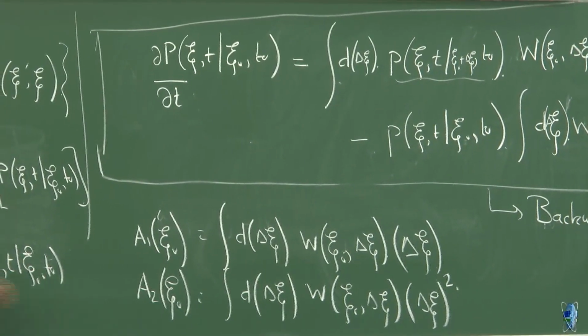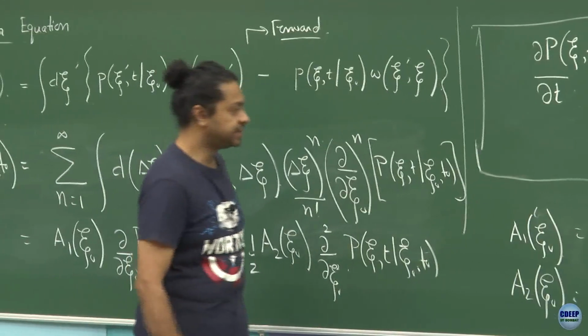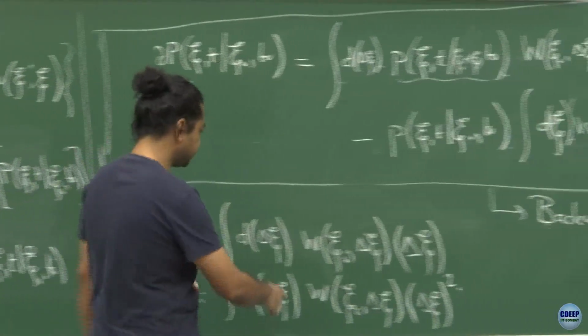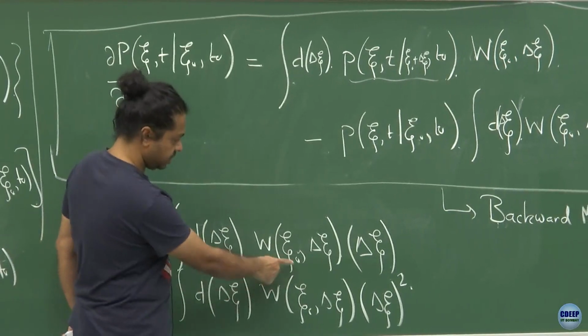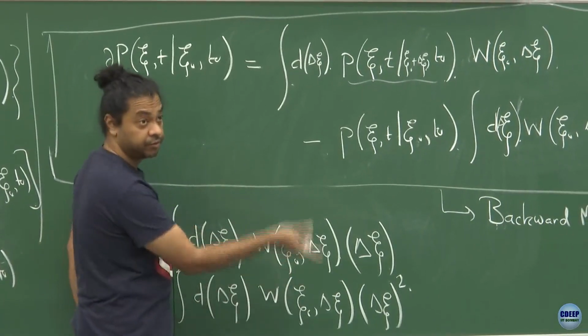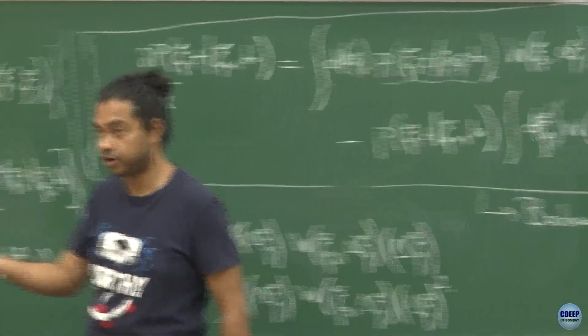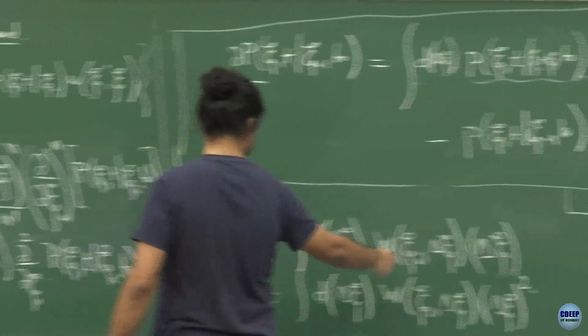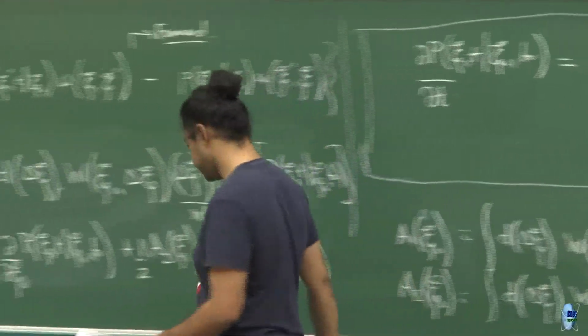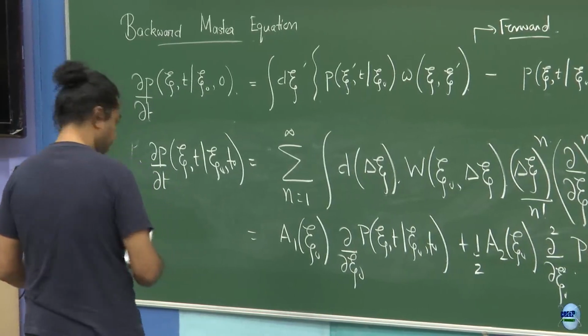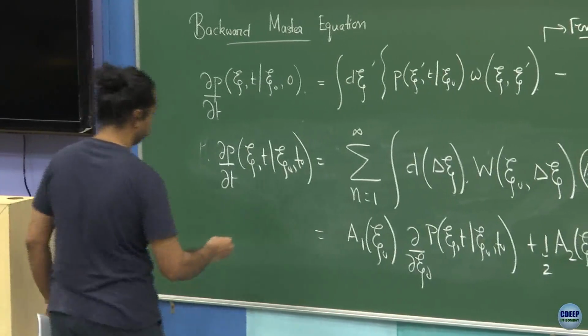So again, these are the moments of the jump distribution, except these are now calculated using the transition rates from the initial state, which is ξ₀. When we were calculating the moments of the jump distribution in the forward equation, we were calculating using the final state. Here it is from the initial state, and that gives us our backward Fokker-Planck.